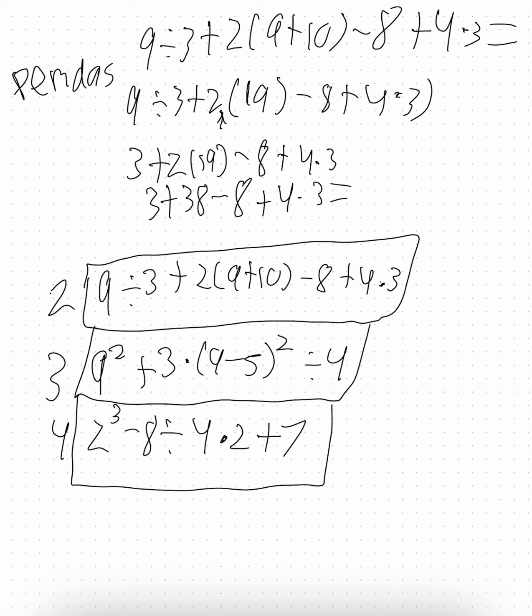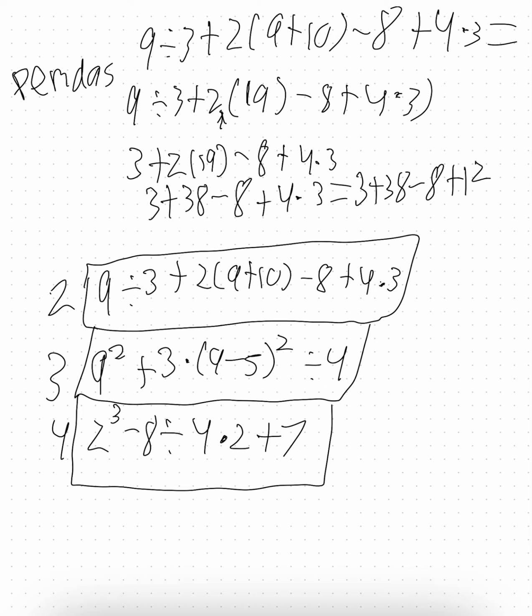So 3 plus 38 should have gotten 41. Or, nope, that is not what we're supposed to do. So we have this, even I messed up. We have this multiplication here. 4 times 3, what does that equal to? So you have 4 3s, 4 plus 4 plus 4, you get 12. So let's do 3 plus 38 minus 8 plus 12.